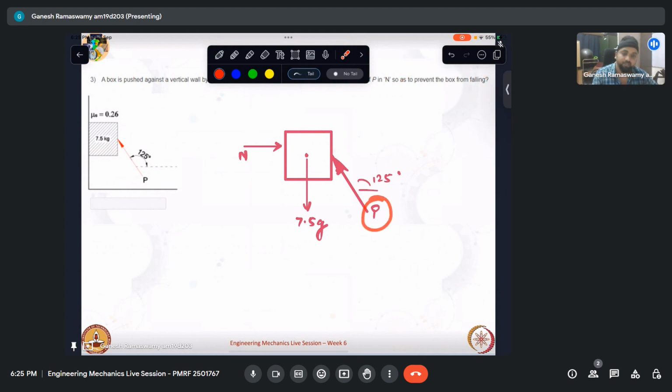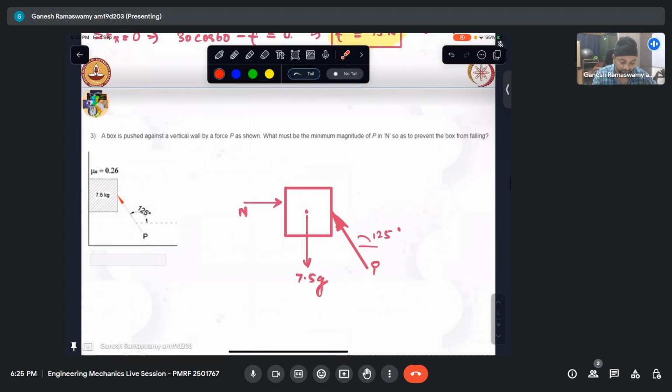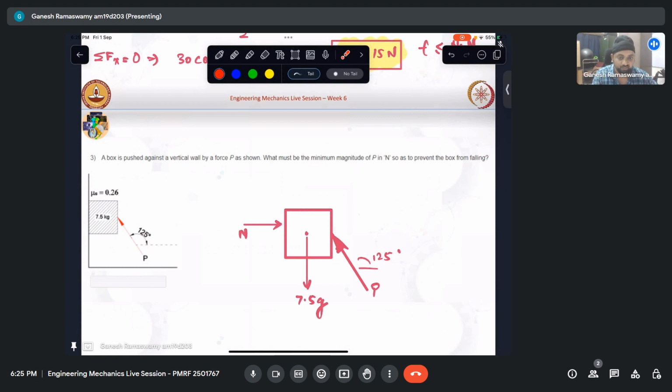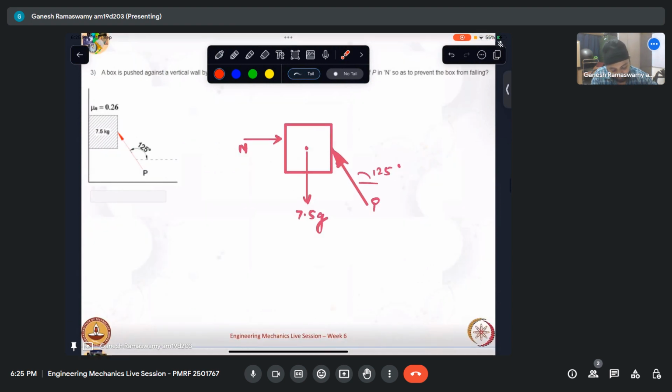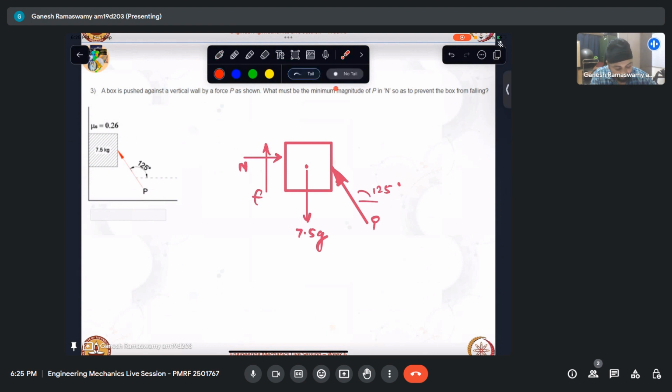Even if P were a little less than its minimum value that we need to prescribe, the box will be sliding downwards, which implies that the direction of friction is to oppose that, and this happens to be F. Now in this case, since we need to find the limiting condition, that is the minimum force, we can see that a component of P and F are the only things preventing it from falling down.